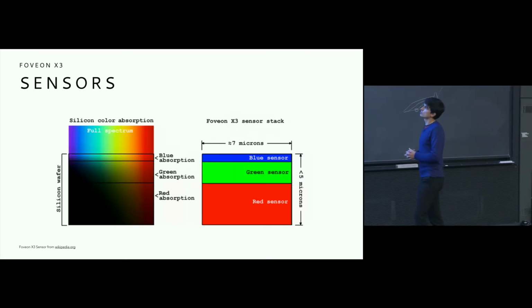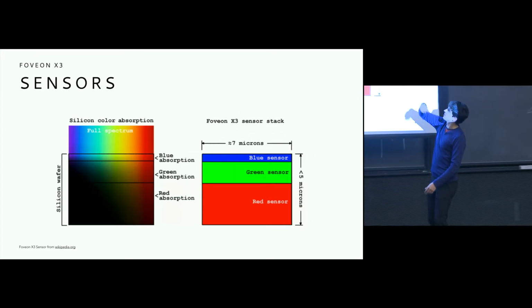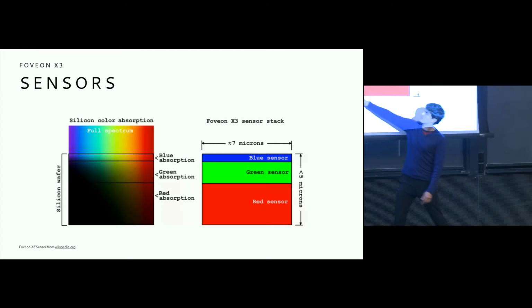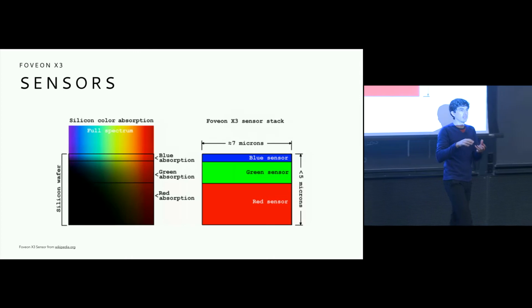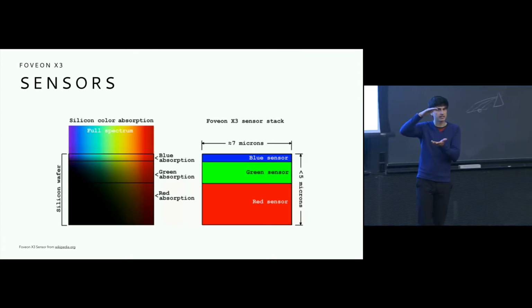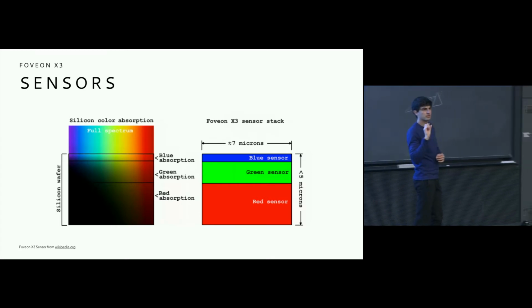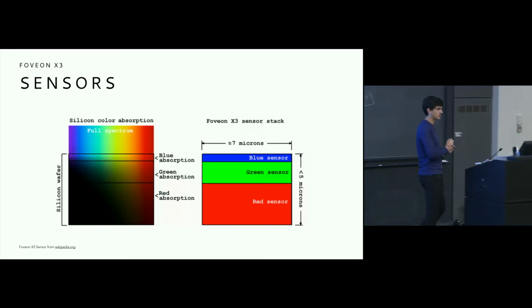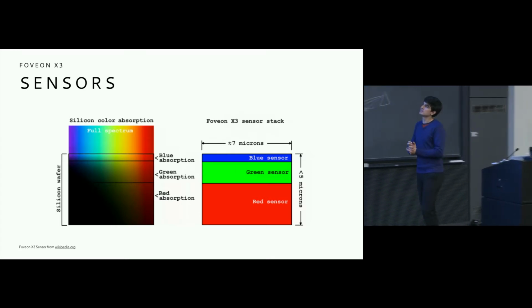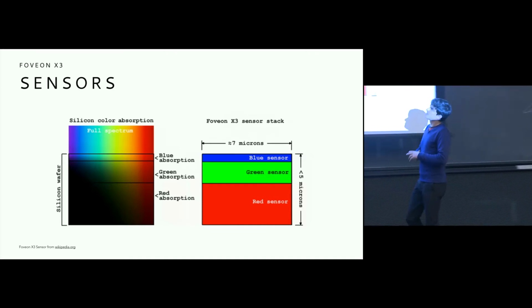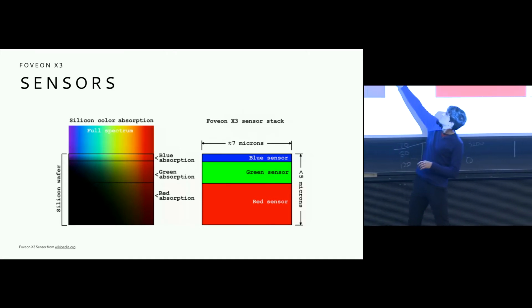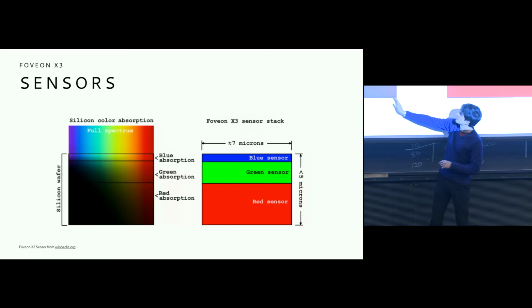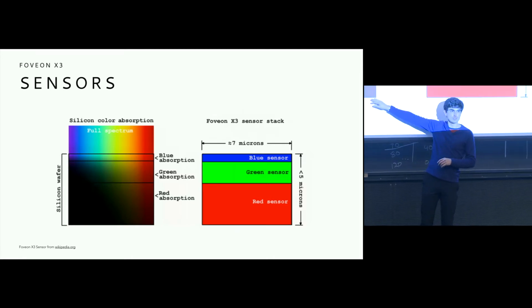So imagine that we are looking at a sensor from the side. So this is an individual pixel, but we're looking at it from the side, and it's made out of silicon that has a certain depth. And this is still measured in microns. This is a very, very small amount of depth. But what happens in silicon is that the frequencies with higher energy tend to go further into the silicon than the frequencies with lower energy.